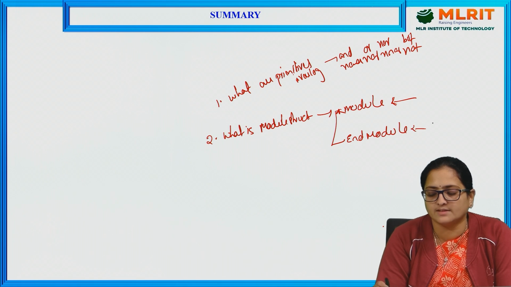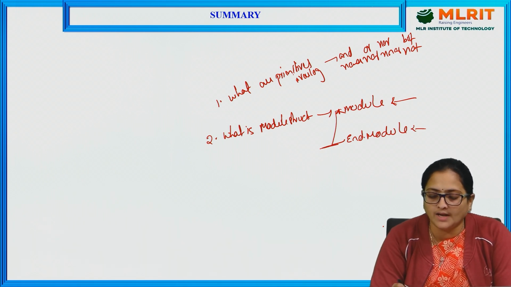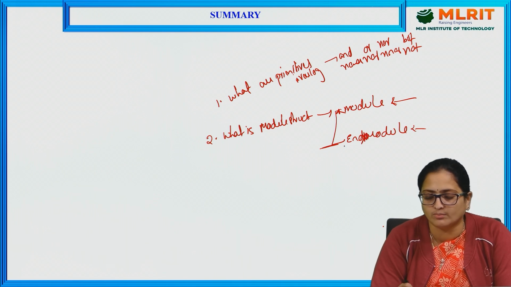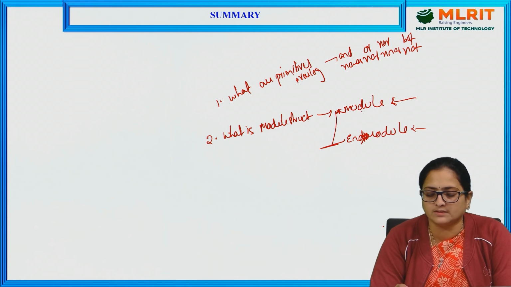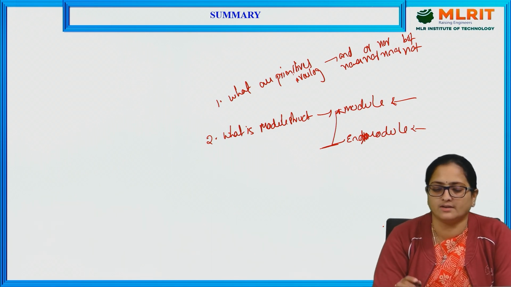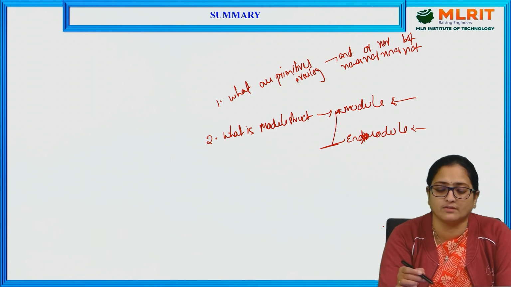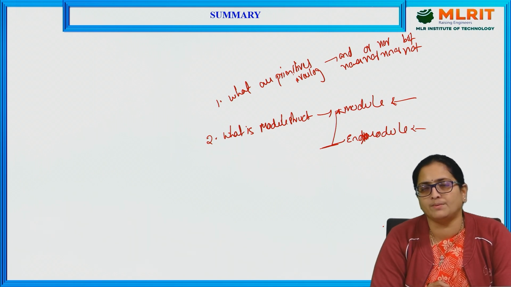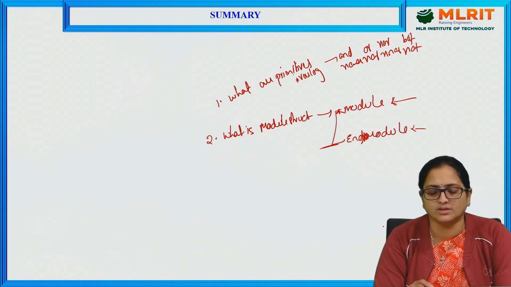It defines that the program has been terminated with this statement. And in endmodule, you should not have any spacing between the two words. It should be continuous. So all keywords should be in small letters, not capital letters. Similarly, all primitives are available in small letters, not capital letters.